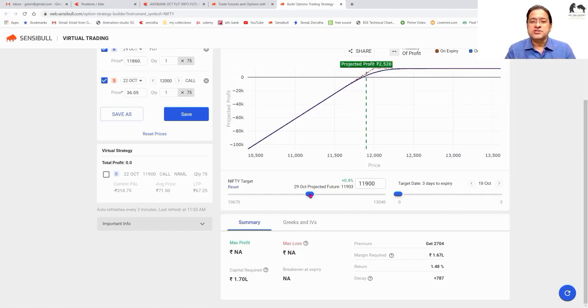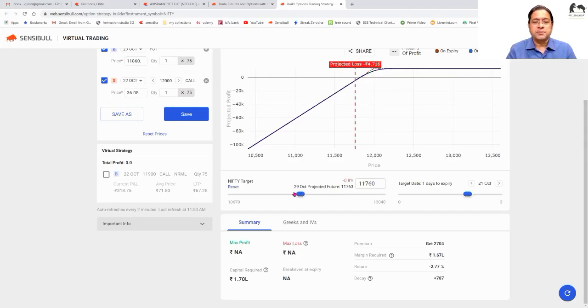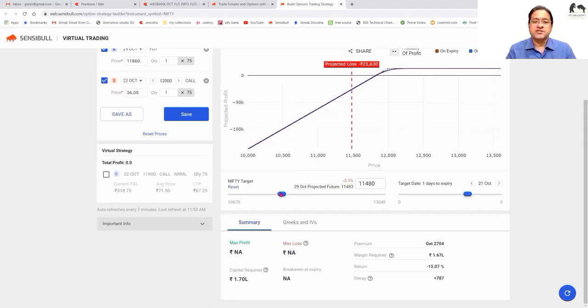Anytime the market closes, my maximum profit is capped at this level, 12,514, as you can see very clearly, but my maximum losses are unlimited. Whatever premium I have received will be with me if it closes below, but I have to apply a stop loss here.